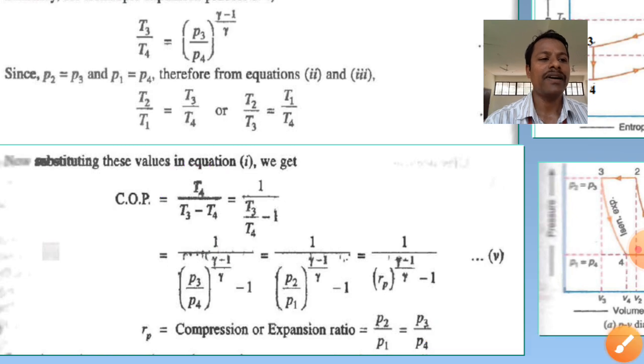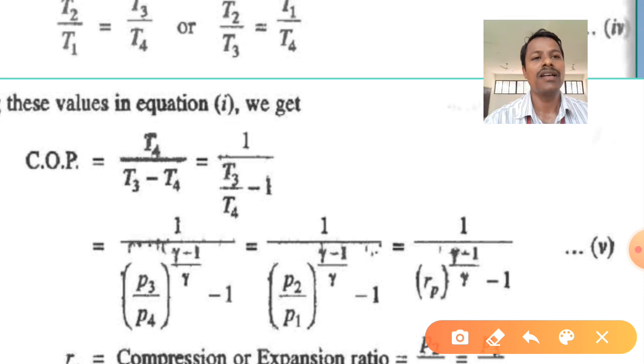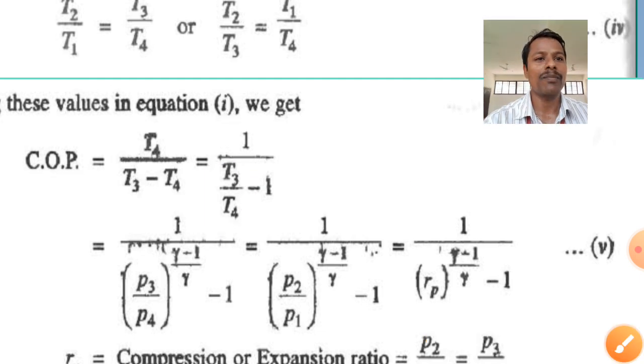Again, if I rearrange this equation, 1 divided by T4 I am taking to the denominator. So 1 divided by T3 divided by T4 minus 1, and I will replace this T3 upon T4 with a pressure ratio according to the isentropic law that we have written already. What is the isentropic law?